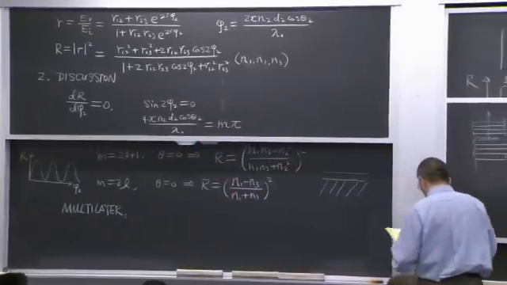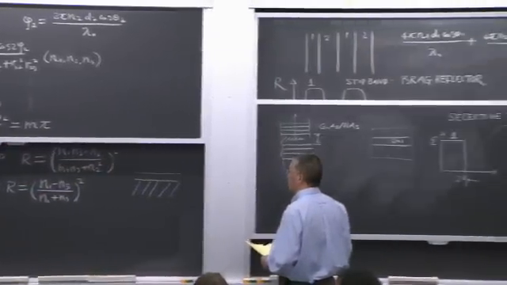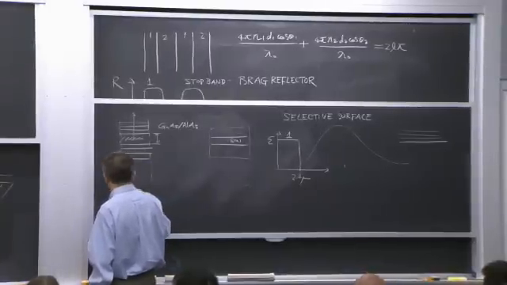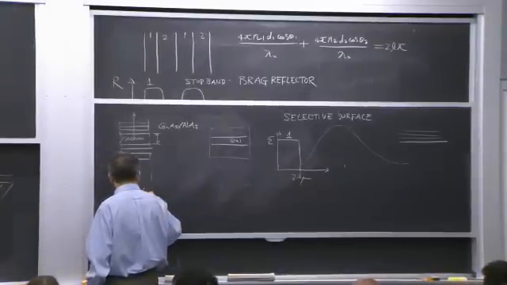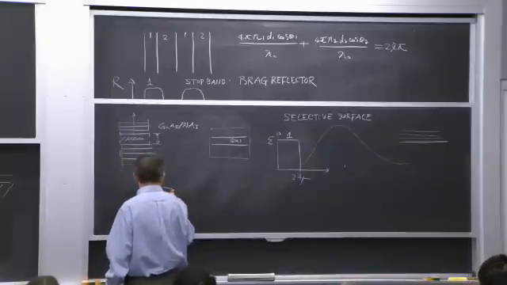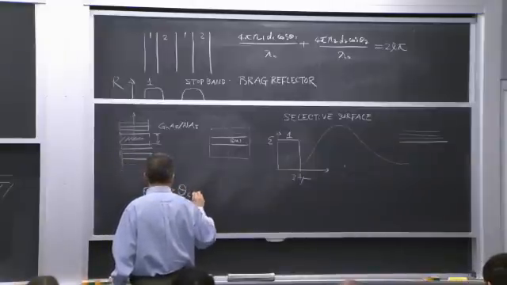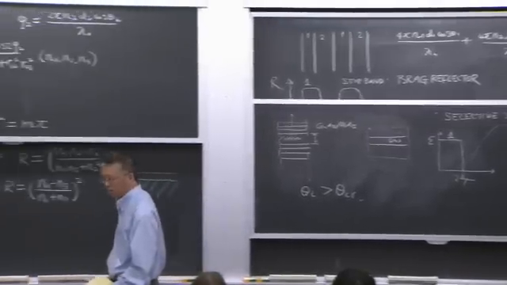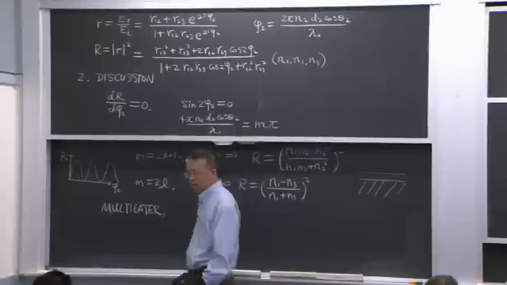To continue the discussion, what I want to look at is the case when the angle of incidence at the first layer is larger than the critical angle of incidence, right?